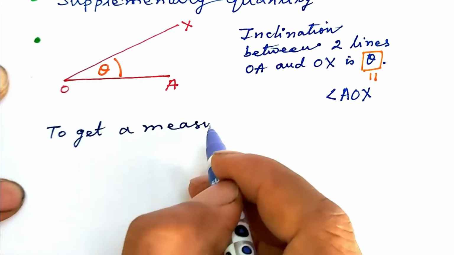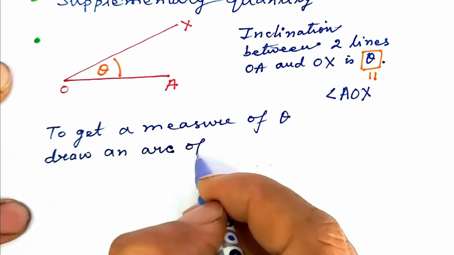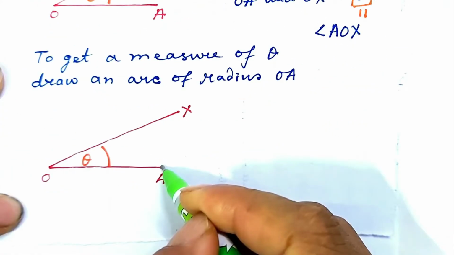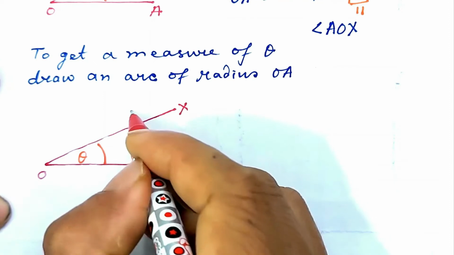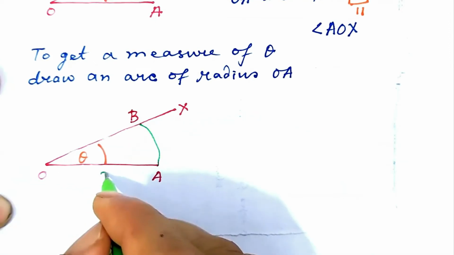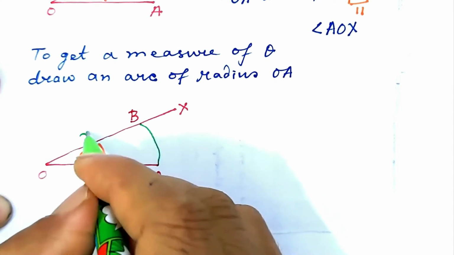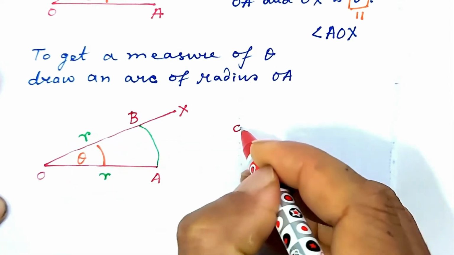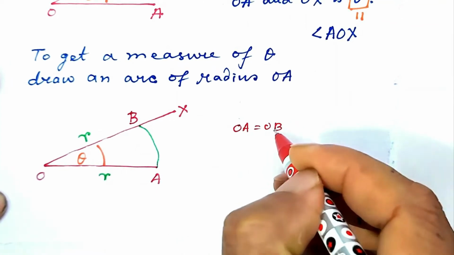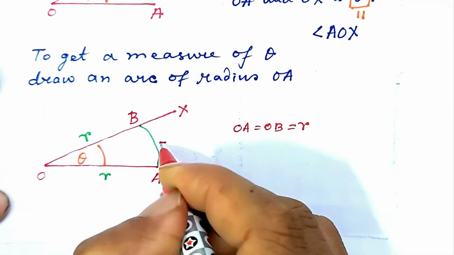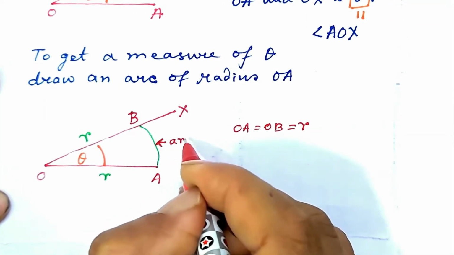To get a measure of theta, let us draw an arc of radius OA. And this is the arc, call it arc AB, so that OA is radius R and OB is also radius R. So, OA equal to OB equal to radius R. Let this arc have length L, say.